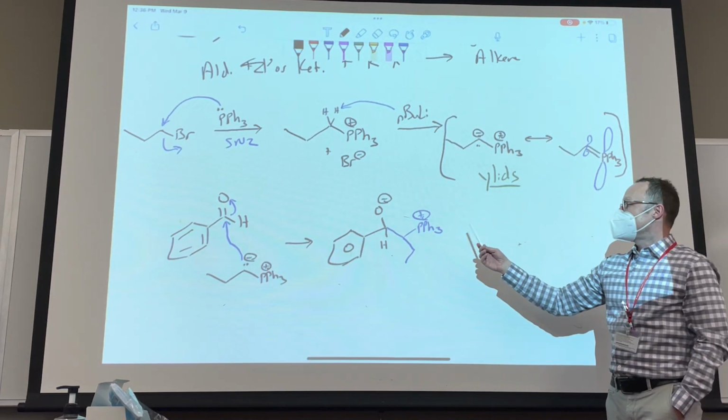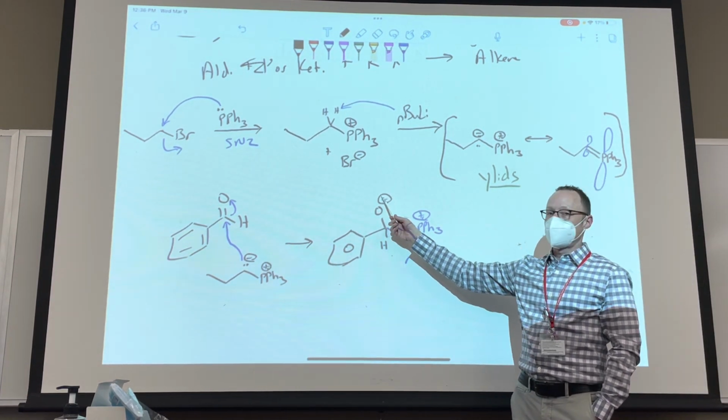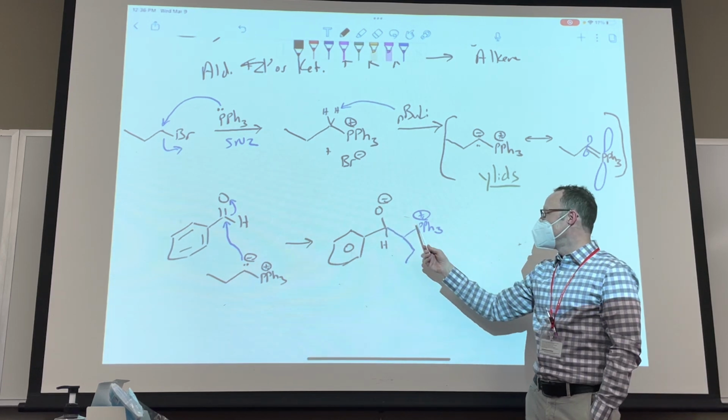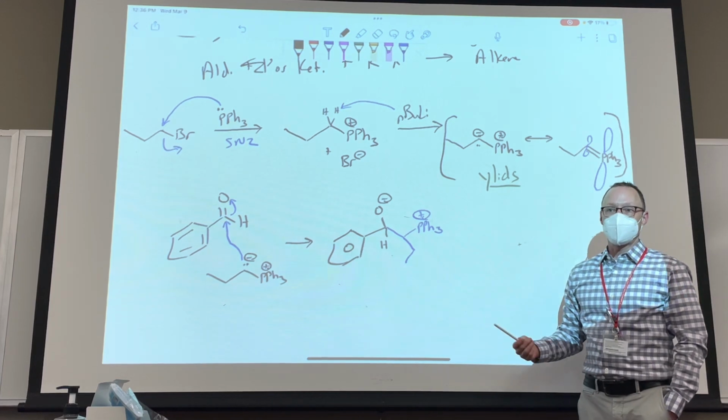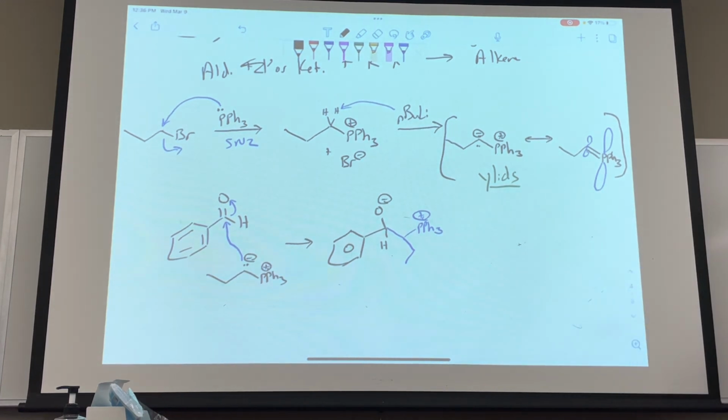What you'll note now is you have a negative charge on the oxygen very close to the positive charge on the phosphorus. Well, opposite charges attract. And so what we're going to do at this stage is form a bond between oxygen and phosphorus.